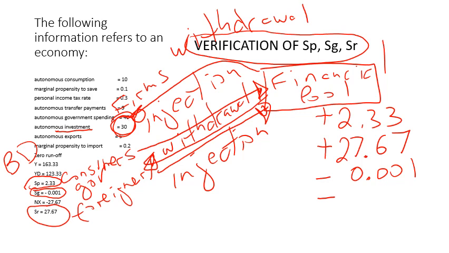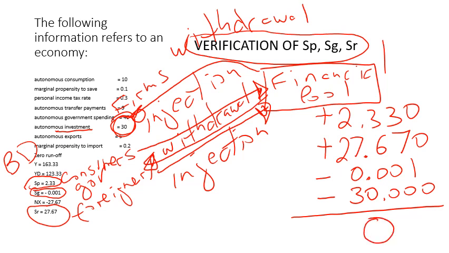So that's going to be negative $30 billion. All right. Here we can put 3 zeros with all of these, right? Okay. So what is the total in our financial pool? It's 0.